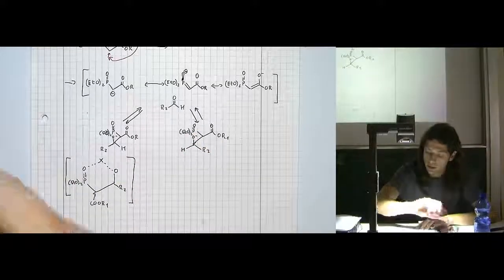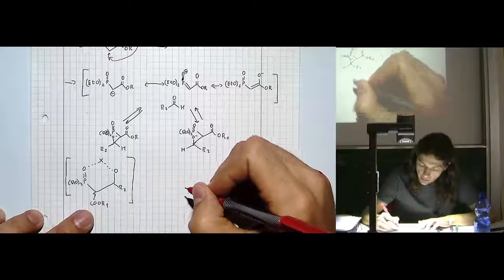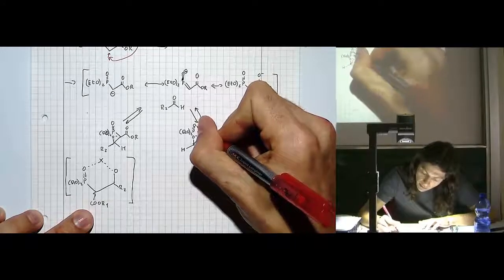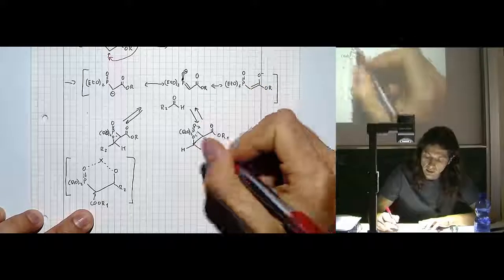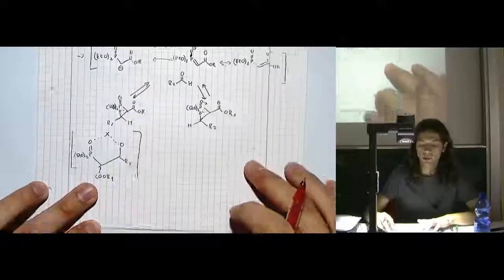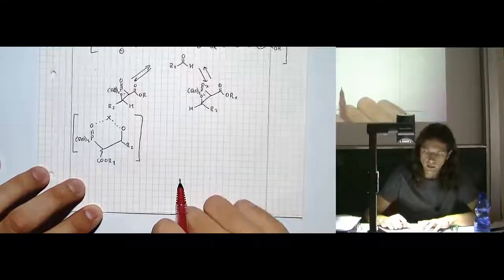So which is only the insertion of here, so the X is interacting here. This is this 6-membered cycle here. This is responsible for the stabilization of this intermediate. Okay.